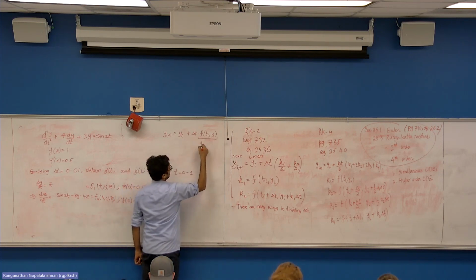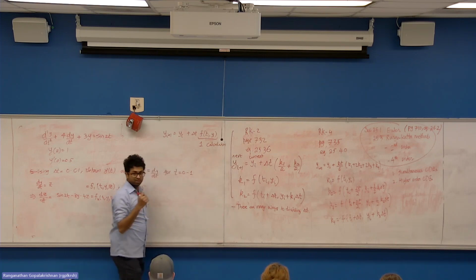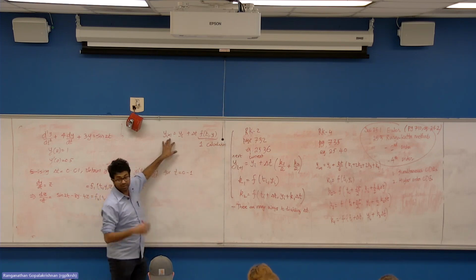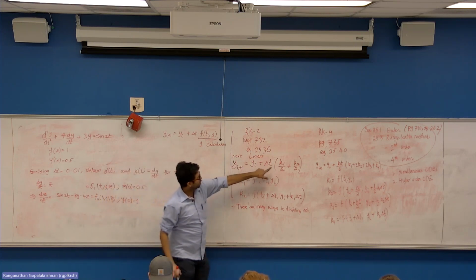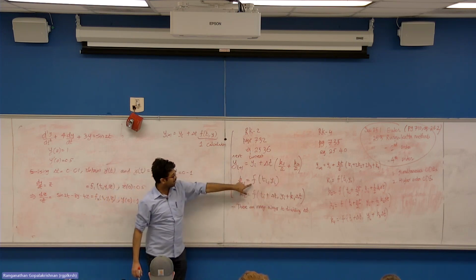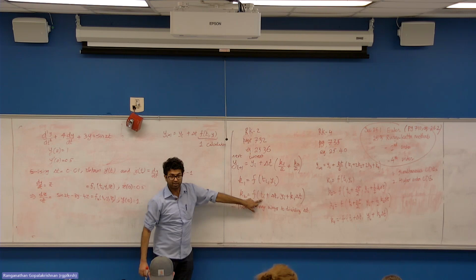Here you just do one calculation of the function to get the value of y at the next time step. Here you have to do two calculations, k1 and k2. That is, you have to calculate the value of f twice, once at the initial point and then at the end point or midpoint.